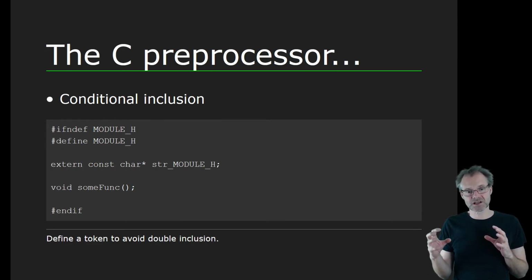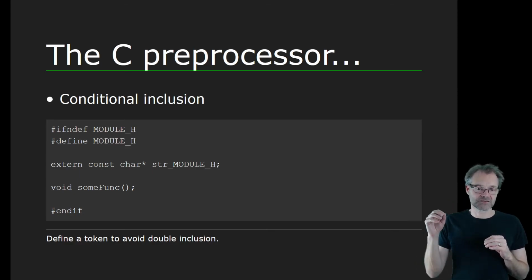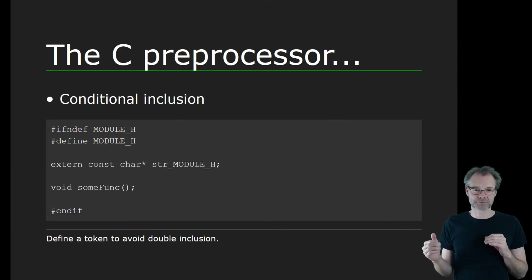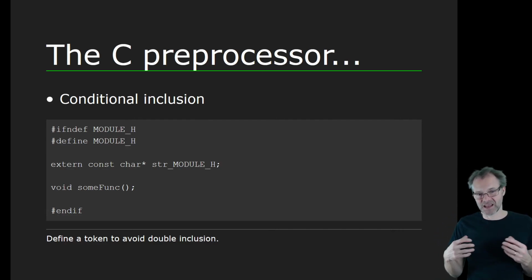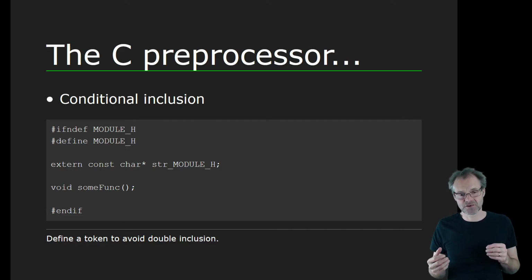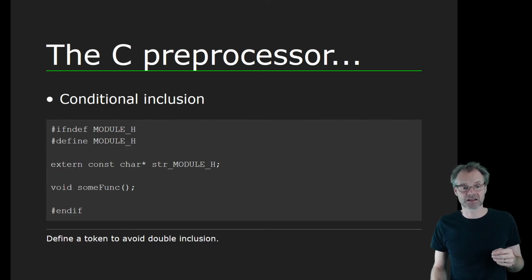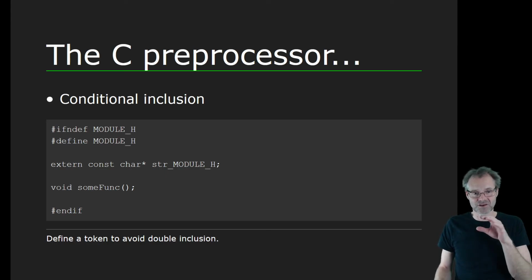It's a conditional way of saying that as long as this token is not defined, then I want to execute this part. When this token is defined, I will not execute it. So this prevents an .h file from being included many times in our code. So it could be good to have this common sense to wrap up our header files like this.